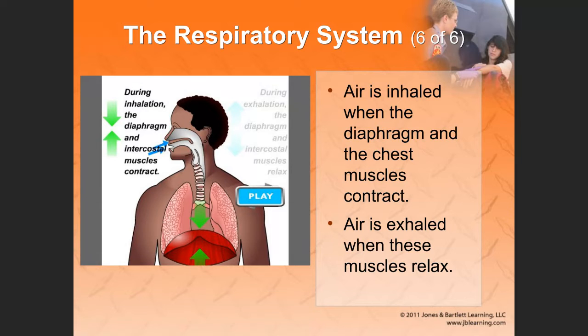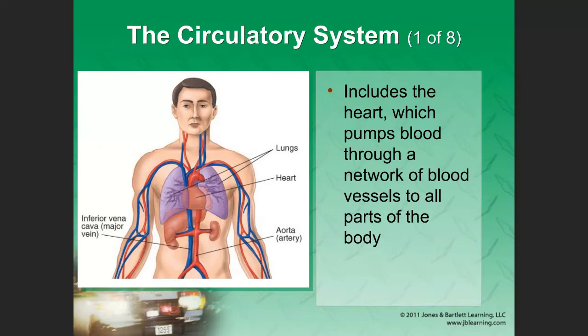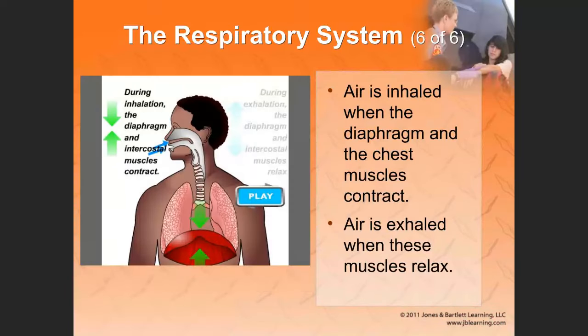It simply means that if you have a patient that is having difficulty breathing, and you can see muscle use when the patient is exhaling or breathing out, they're in trouble. That's not normal. And that would be the respiratory system.